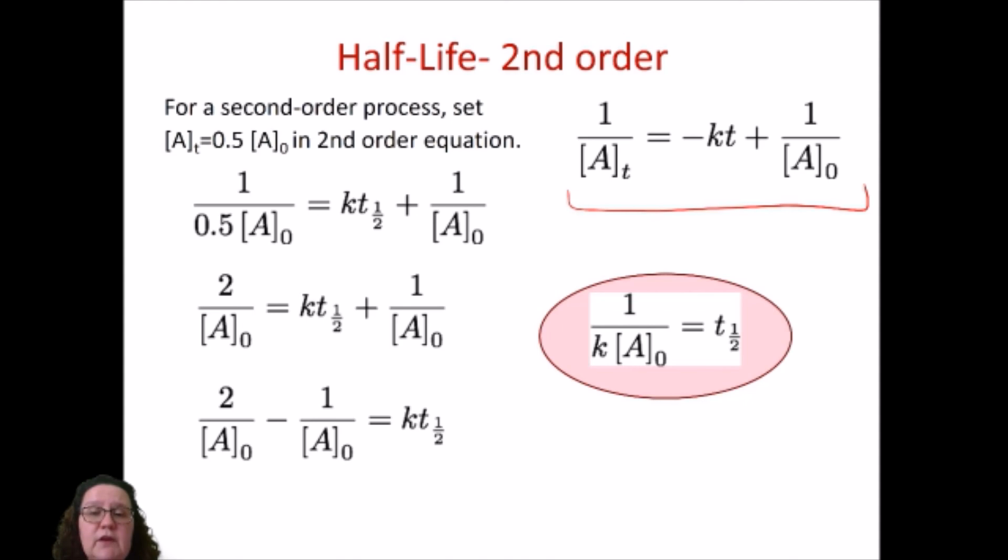We simplify the equation, and we come up with this expression for the half-life in a second order reaction. And as you can see here, the initial concentration of the reagent does play a role in when that half-life is achieved.